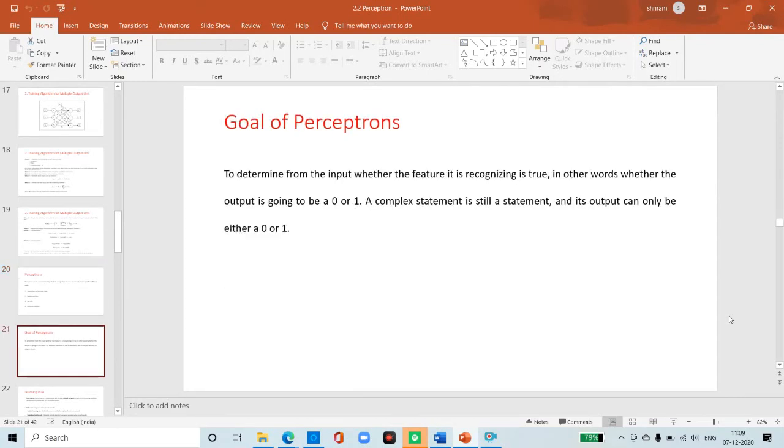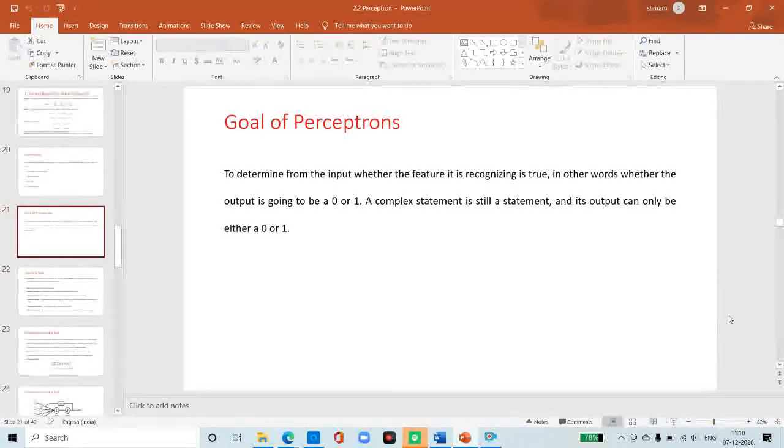So the goal of a perceptron is to determine from the input whether the feature it is recognizing is true, in other words, whether the output is going to be a 0 or a 1. The complex statement is still a statement and its output can only be either 0 or 1.